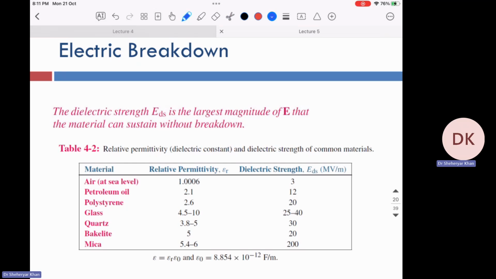So either your voltage is given, electric field is given, find the distance, or distance is given, voltage is given, find the electric field. So I will not use the term electric field. I will ask, find out the breakdown voltage under this distance and this voltage. And sometimes I can use the example of simple semiconductors.